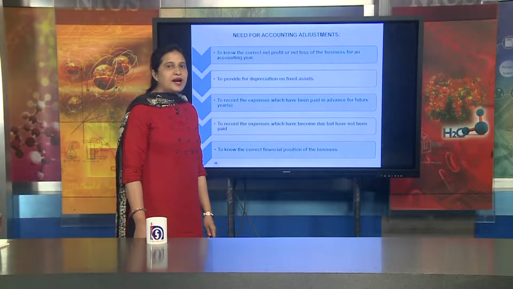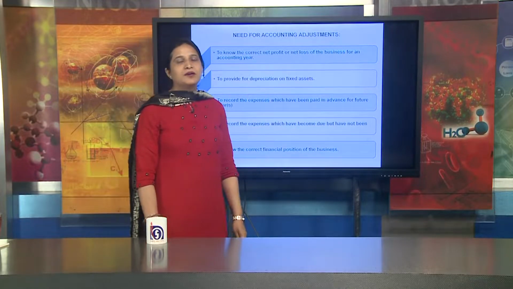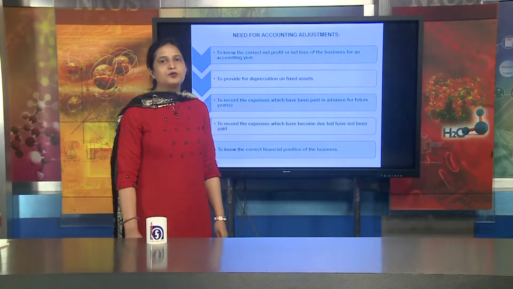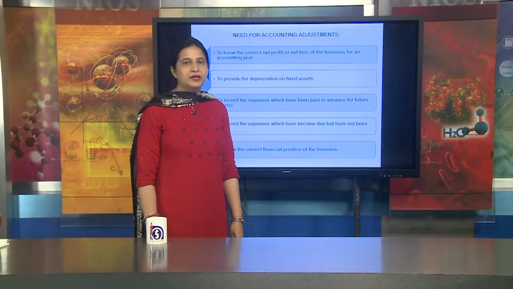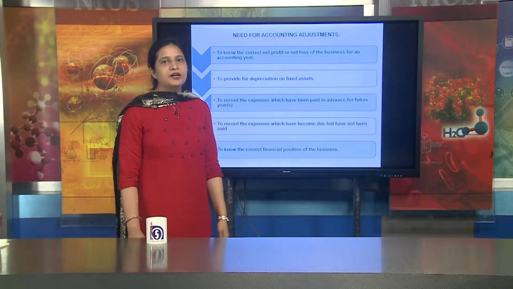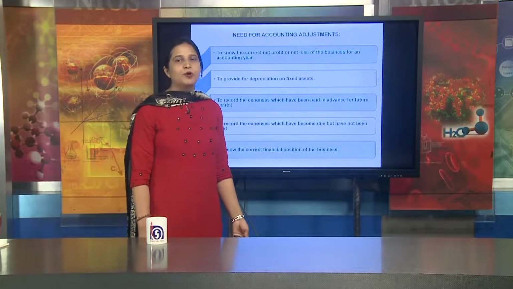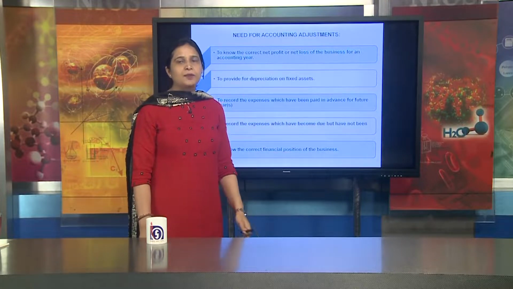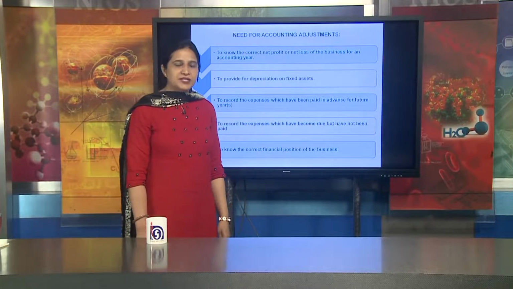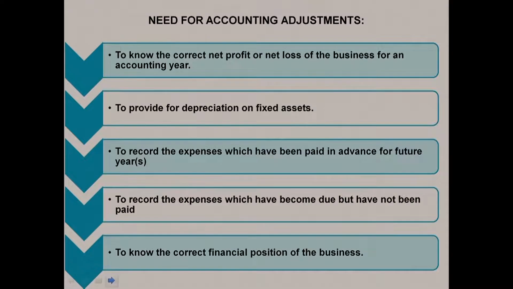These adjustments are because we have to make the profit and loss account, the trading account, or the balance sheet for that particular year. But it may be possible that in that year we have received an amount for some other year or paid an amount for some other year. So that amount needs to be adjusted. That's why we need to make some adjustments to the financial statements.